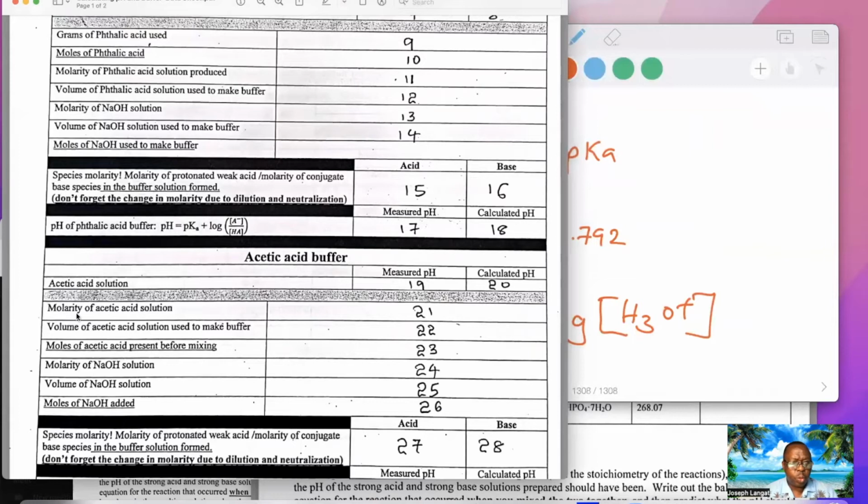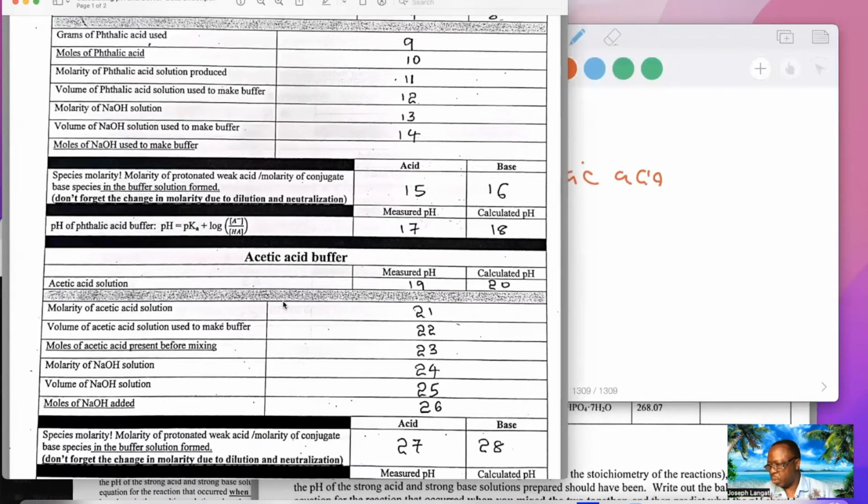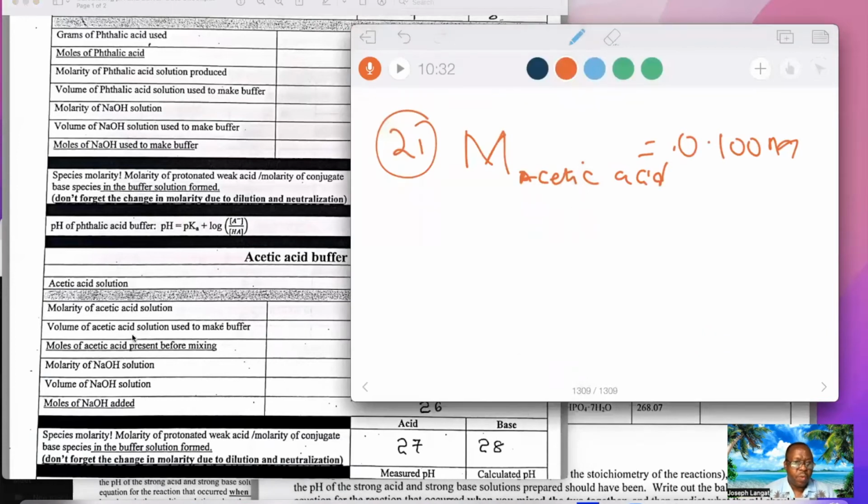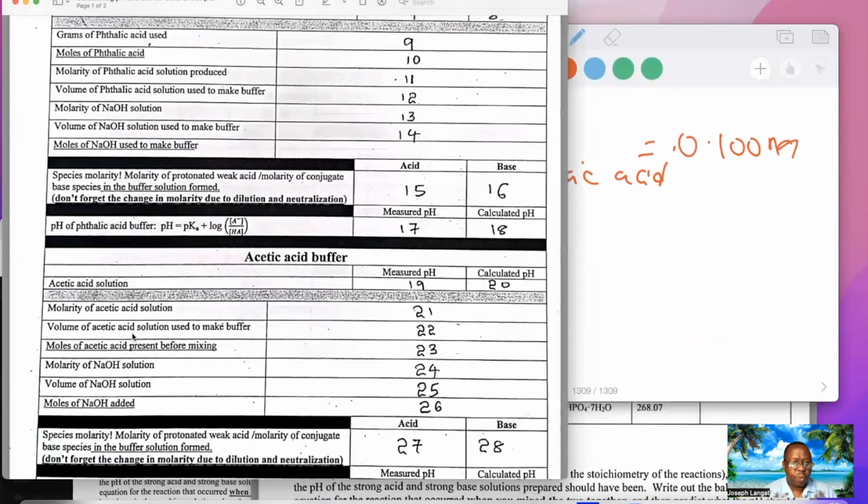So number 21 here, molarity of acetic acid, 0.100 molar. You are given the acetic acid. The volume used here is 40, so 22.